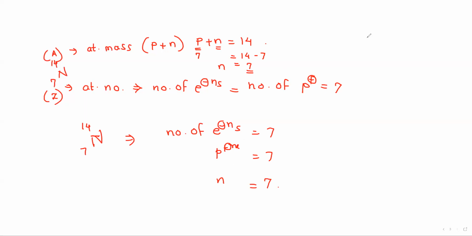This is the way you calculate the number of electrons, protons, and neutrons. The very important thing is that the number of electrons is always equal to the number of protons.